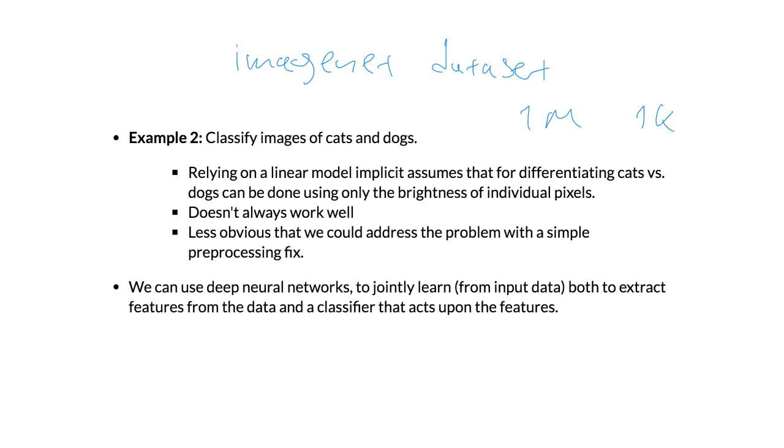So what we will do from now on is to use deep neural networks for two things. Okay, so one is to learn how to extract features. So that's task one, learn how to extract features. And then task two is to do the classification.